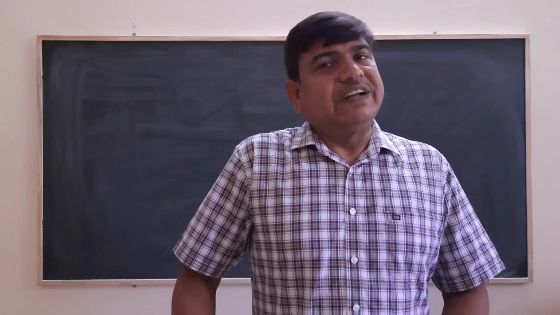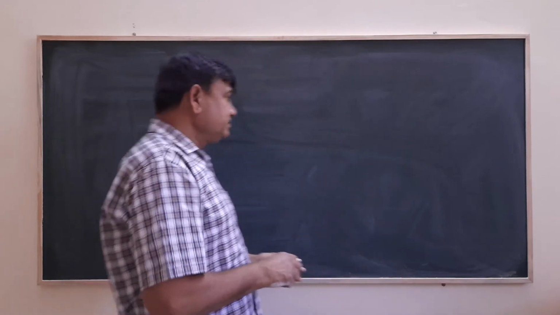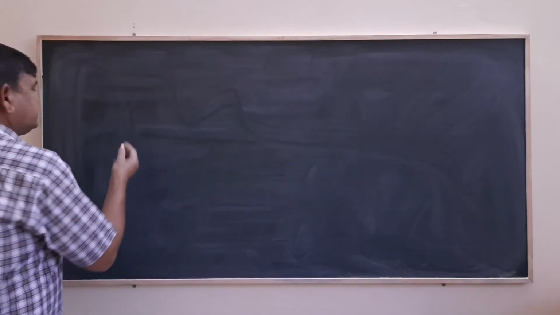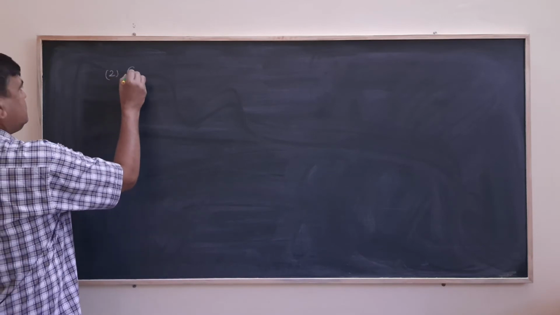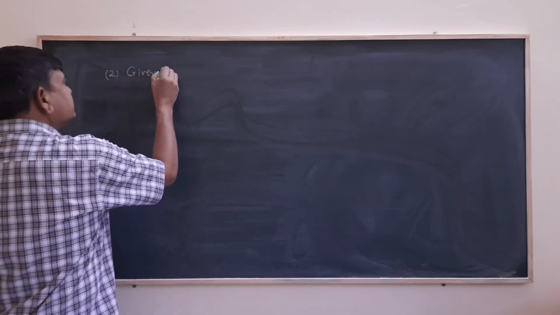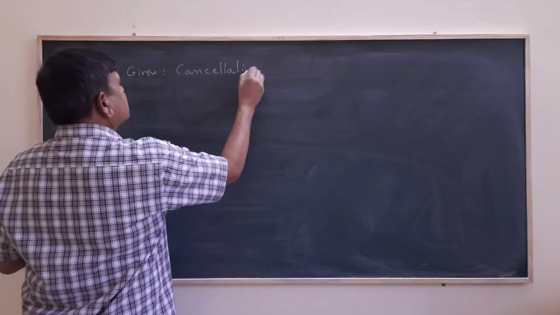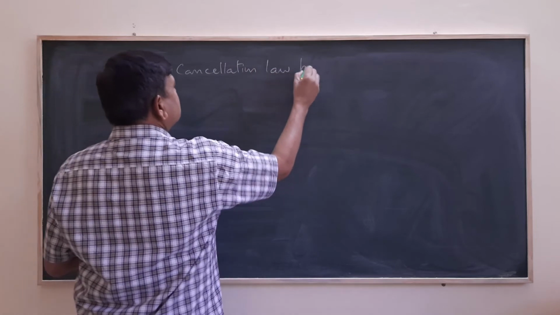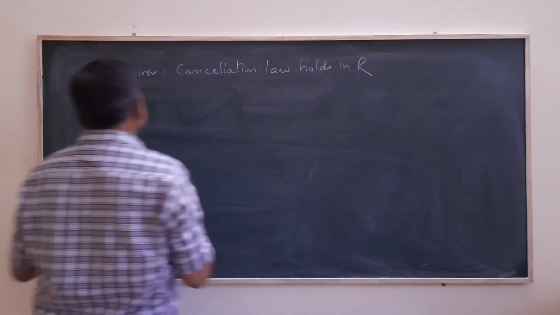Similarly, you can prove right cancellation law by multiplying A on that side. So similarly, you can write this. Second part. Given: cancellation law holds in R. Okay.